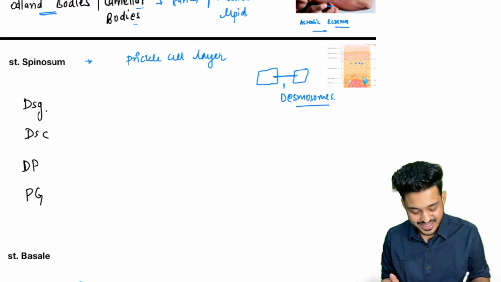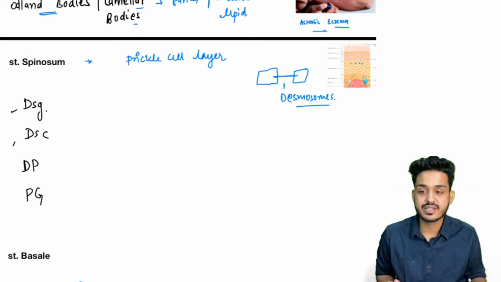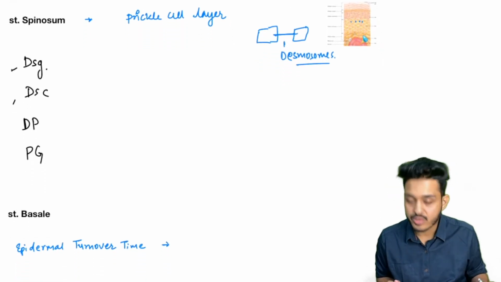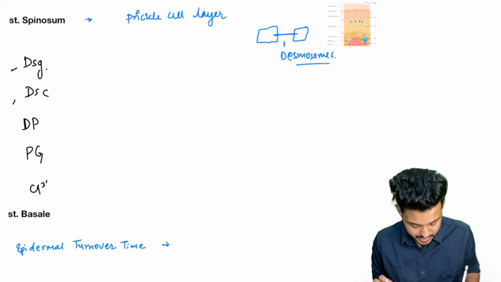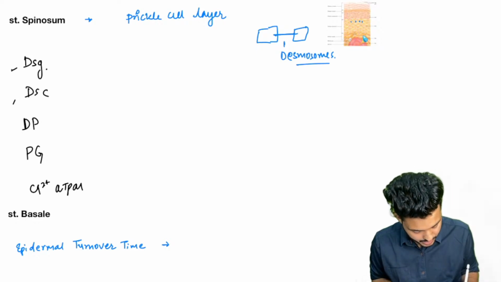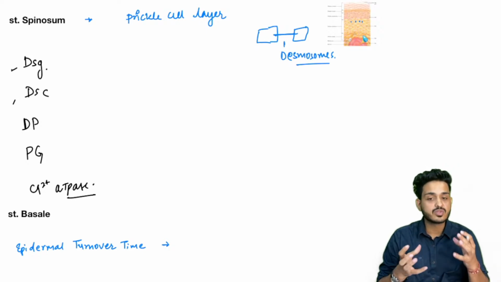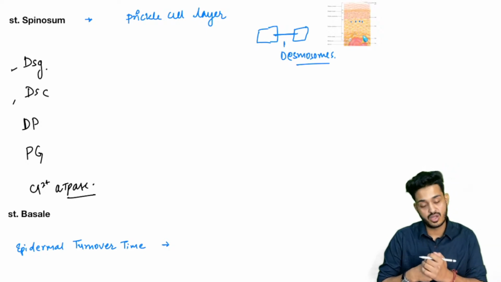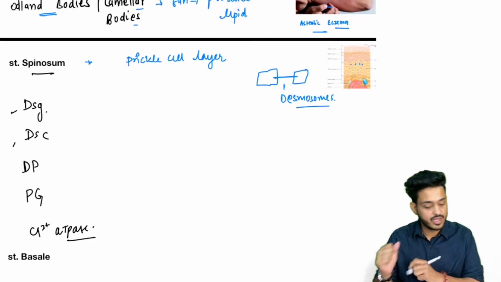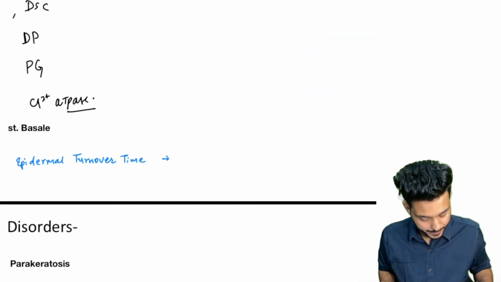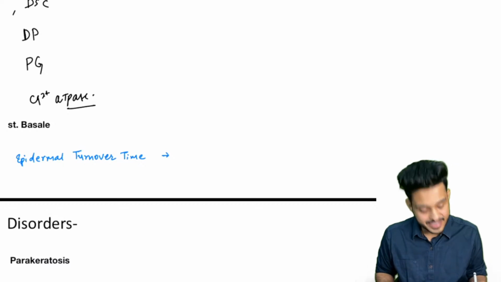Please try to remember that two are important; desmoglein is very important. We are also having calcium ATPase for the binding purpose. So these are the types of desmosomes. We will see what happens if there is a problem in these desmosomes. These are present in the stratum spinosum. Clear till here?